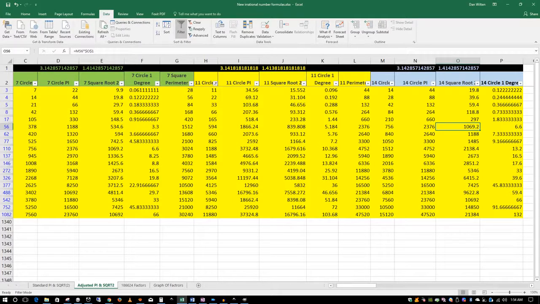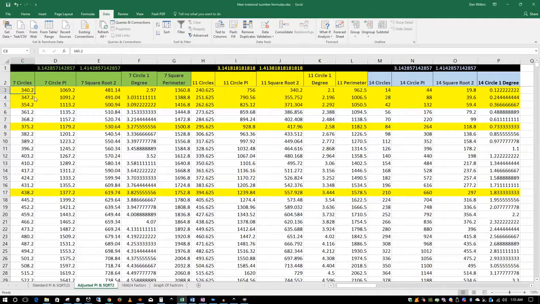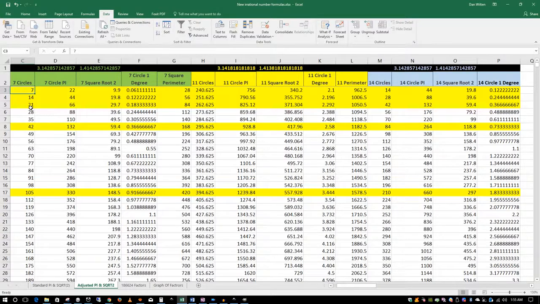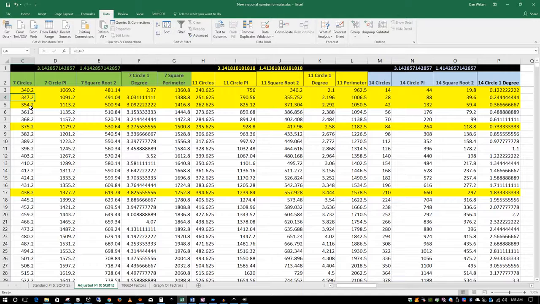The next thing I wanted to show you is, because of the harmony in the numbers here, it's easier to see the relationship between the pyramids. So now what I did was I plugged in the side length. These were 7 circles, right? So I plugged in the side length of 340.2, and I did that for a particular reason.